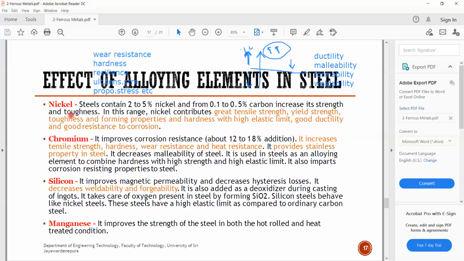That means if you add nickel at around this percentage, what will happen to the properties? Tensile strength will be increased. Likewise, these are the effects of these alloying elements on the properties, right?